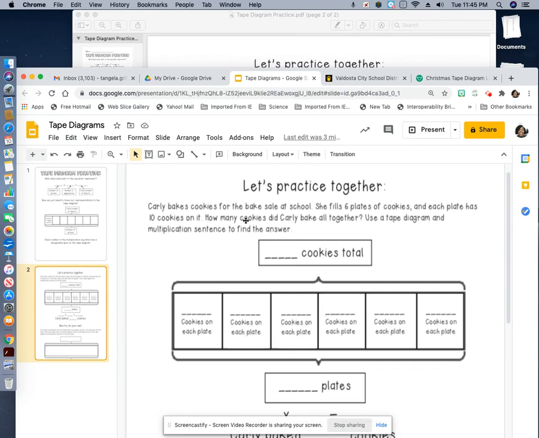Carly bakes cookies for the bake sale at school. She fills 6 plates of cookies, and each plate has 10 cookies on it. How many cookies did Carly bake all together? Use a tape diagram and multiplication sentence to find the answer.